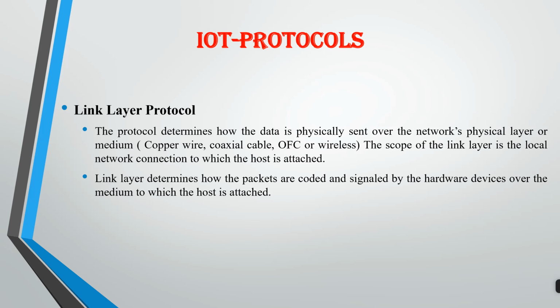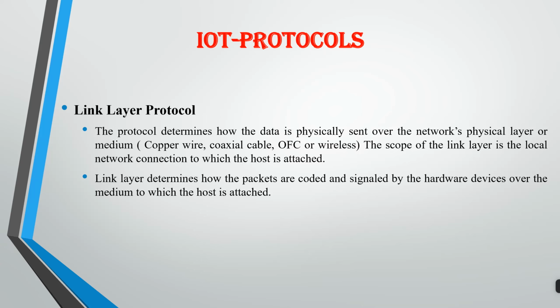The link layer determines how the packets are coded and signaled by the hardware devices or the medium to which the host is attached. So the responsibility of the link layer is to determine how the packets are generated from your IoT devices.